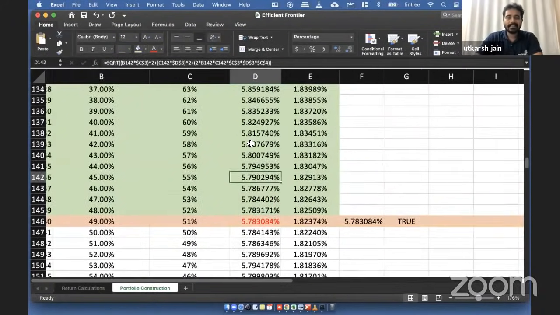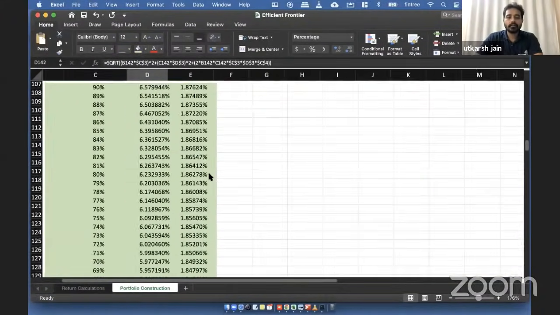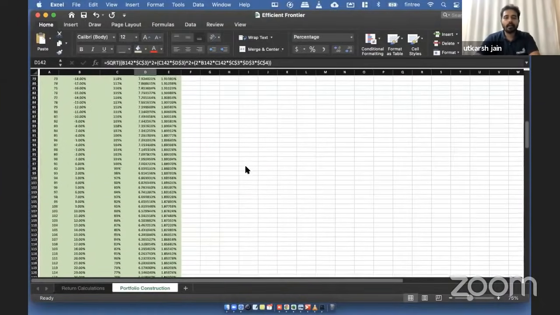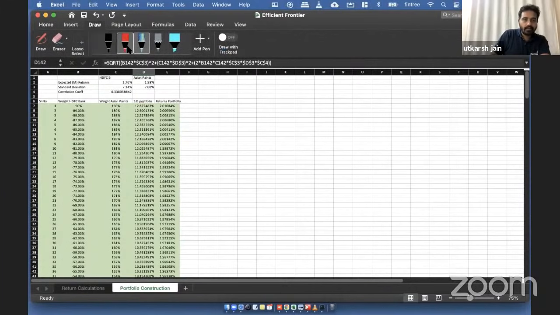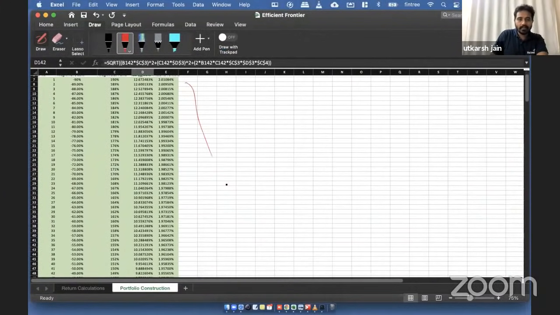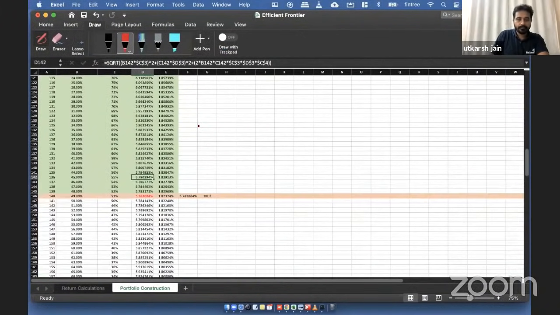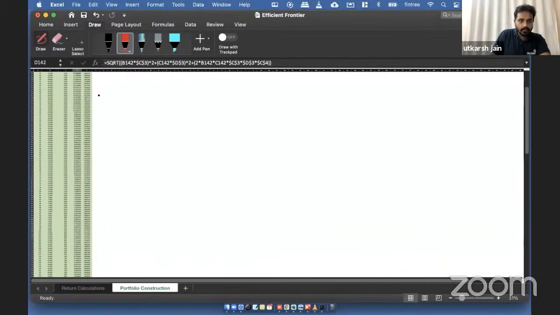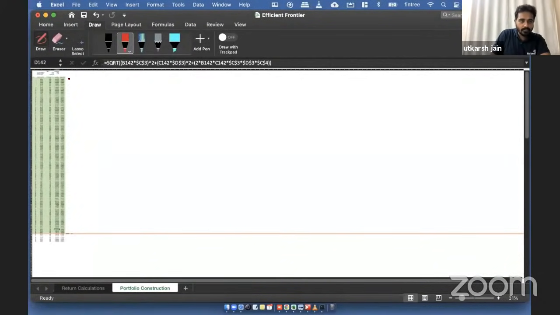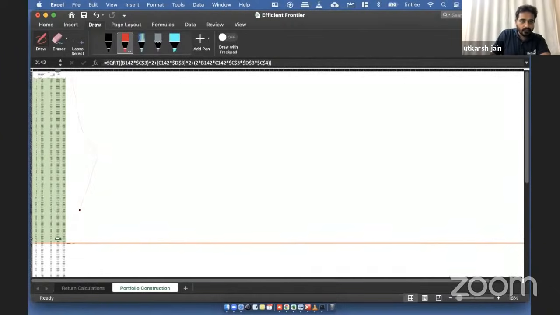Okay, these are my efficient portfolios. This is the part of my efficient frontier. Okay, so efficient frontier, this entire section, right from here to here, here to here. Okay, this is now crazy level of unzooming. This is my efficient frontier portfolios.